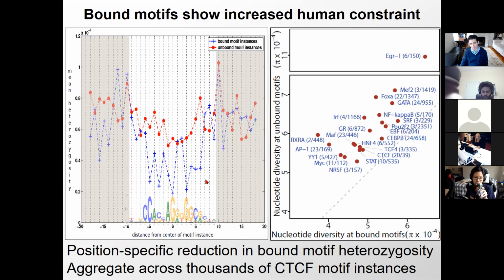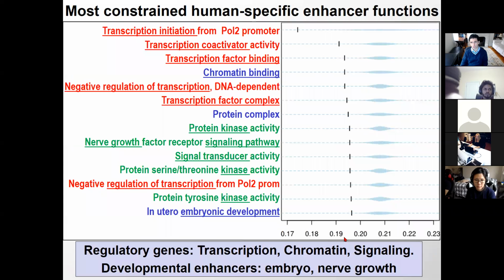Again, here we're amplifying our signal because we're using multiple instances of these motifs. And if you look across all of these different motifs, you see that they're all showing more diversity within unbound motifs than within bound motifs, suggesting that whenever they're bound, there's more constraint leading to more rejected substitutions even within the human population.